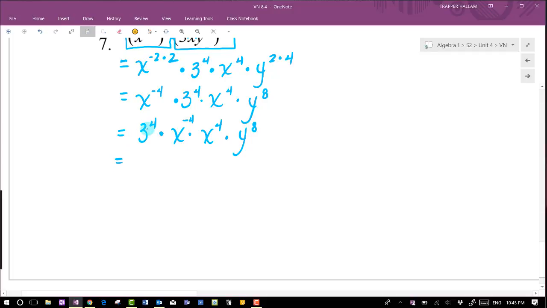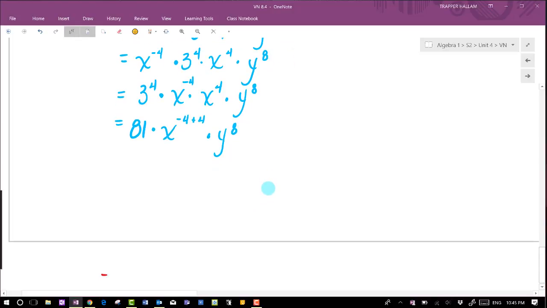So let's go ahead and take 3 to the 4th, which turns out to be 81. Okay. These two here, like bases being multiplied, if we remember that rule, we combine them under one base and we add the exponents together. So negative 4 plus 4. And then again, we'll tag on our y to the 8th because nothing's occurring with that. Let's clean up that middle piece.